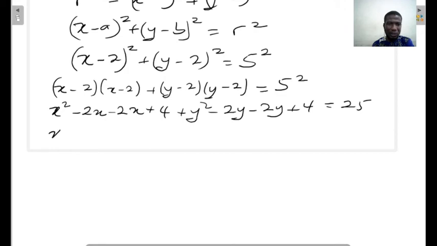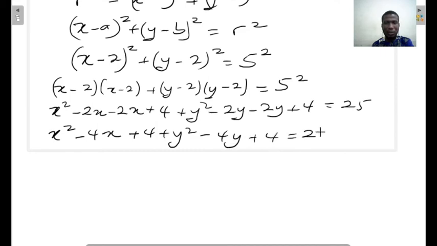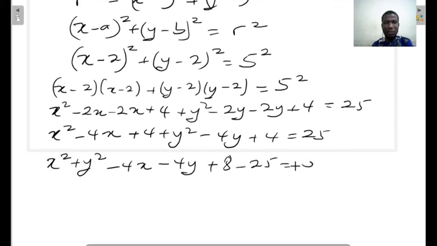Simplifying further, we'll have x squared minus 4x plus 4 plus y squared minus 4y plus 4 equals 25. Rearranging and moving the 25 to the left hand side, you're going to have x squared plus y squared minus 4x minus 4y plus 8 minus 25 equals 0.